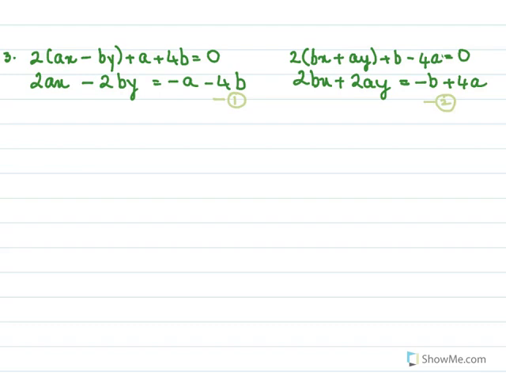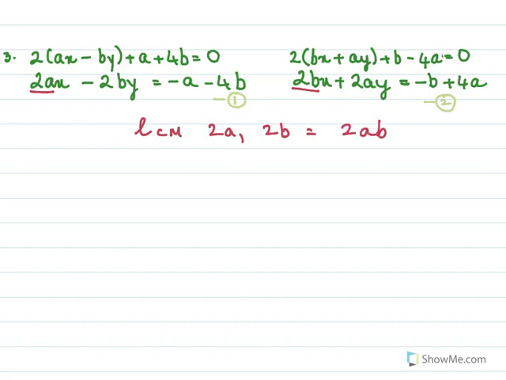So here I put the x and y terms on one side, and the terms that don't have x and y on the other side. Now let's examine our x coefficient, 2a and here 2b. The LCM of 2a and 2b is 2ab.